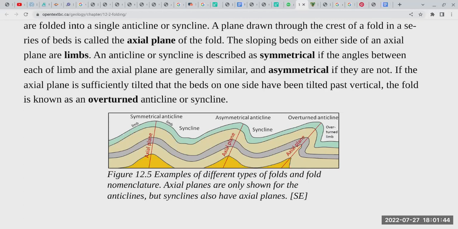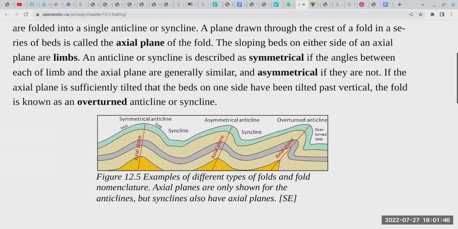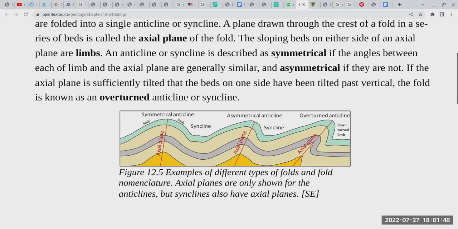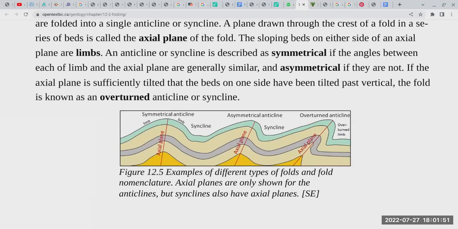So an anticline or syncline is described as symmetrical if the angles between each limb, you see the piece out here, the limb. Call one side of the axial plane the limb. The limb to the left, the limb to the right. It says if the angles between each of the limbs and the axial plane are generally similar, then it is symmetrical.